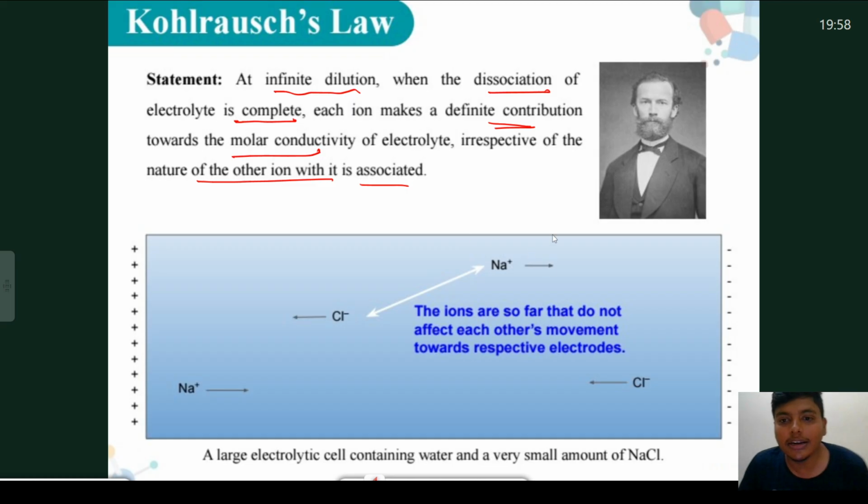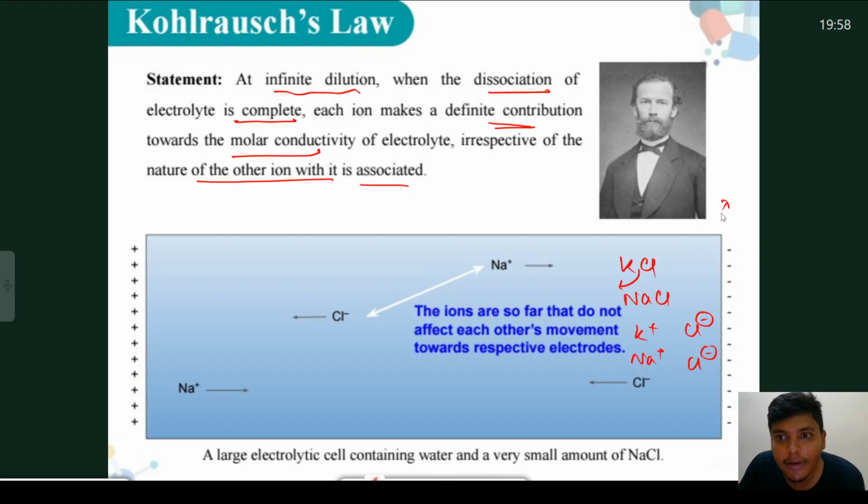Let's suppose you are taking KCl and NaCl. You dilute it, you will get K plus and Na plus, and on this side you will get Cl minus. See, the lambda m naught value of Cl minus will be the same for both cases. Understood?